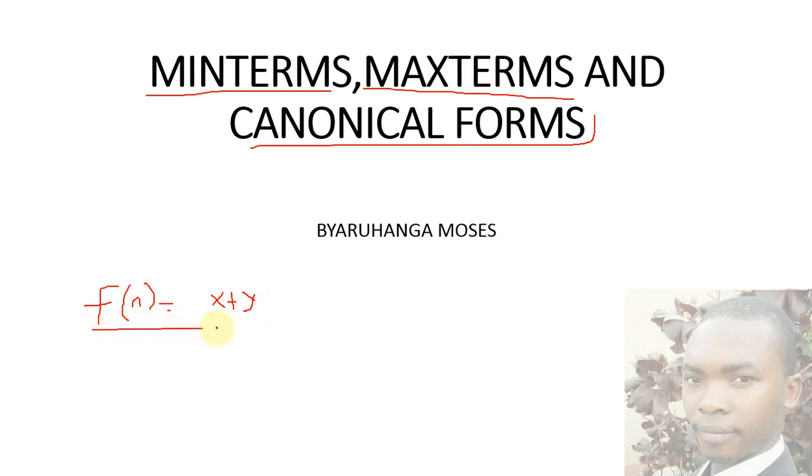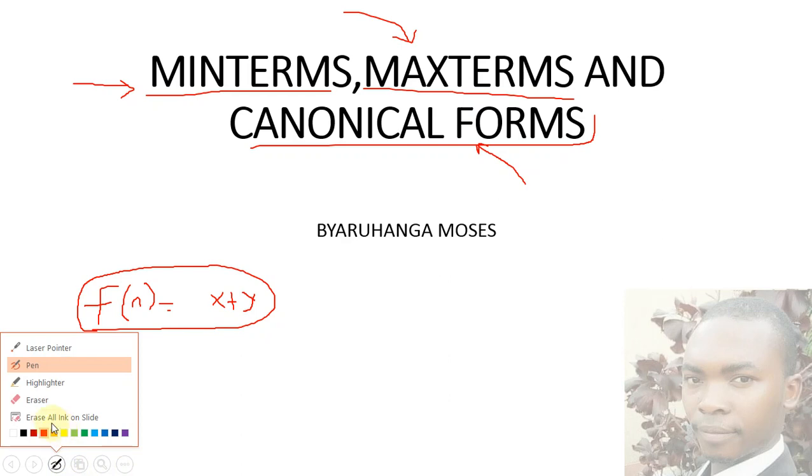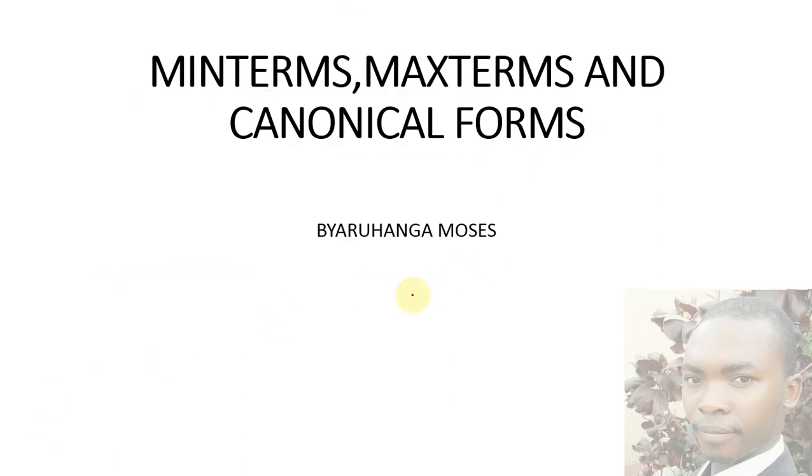This function always has what we call its minterms, it has its maxterms, and then it can be expressed in terms of canonical forms. So we are going to look into details of these things today as we go on.